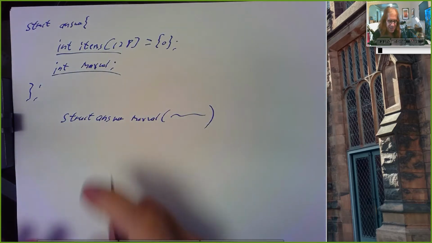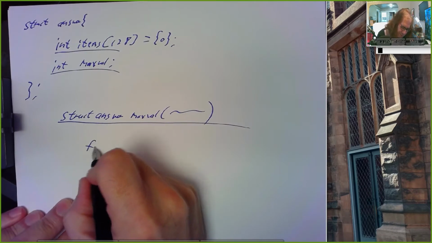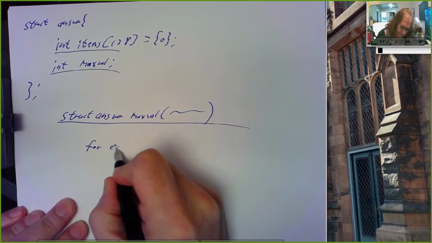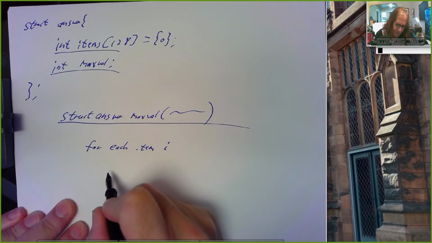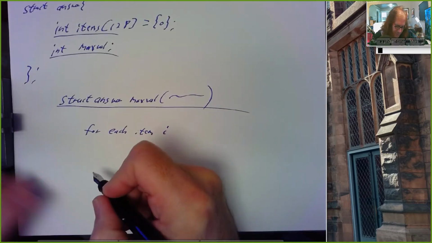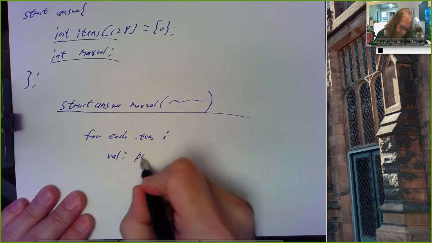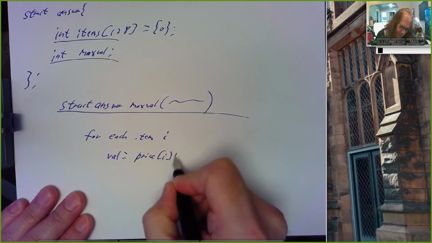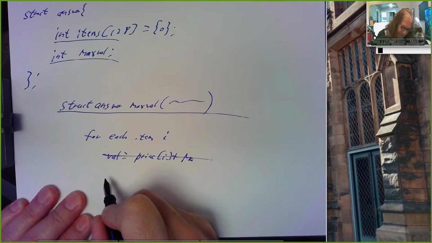And so inside this function, you've got your for loop. So for each item I, value equals price I plus, well, so do it like this.